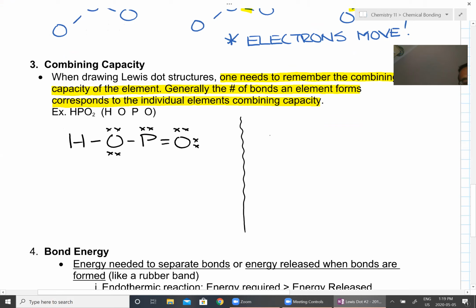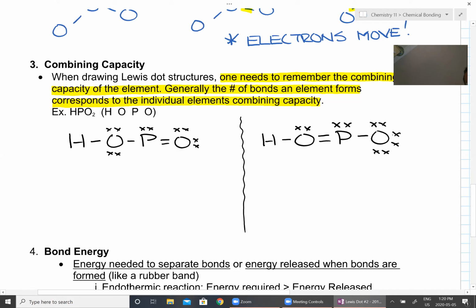Now, some of you might say, well, Mr. Chan, why couldn't you have done it like this? Okay. Now, if you count, both diagrams technically are correct in terms of the number of pairs of electrons. There's 2, 4, 6, 8, 9. 1, 2, 3, 4, 5, 6, 7. There's 9 in both.